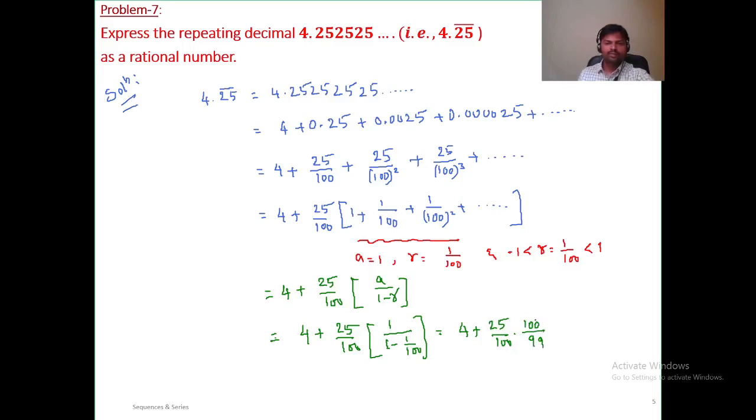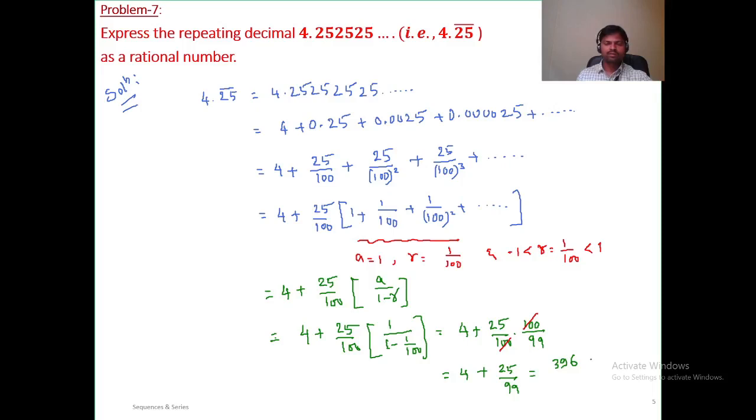And here 100 cancels out. Now what remains? 4 plus 25 by 99. Now take the LCM and simplify. 4 nines are 36, 36 plus 3, 396.